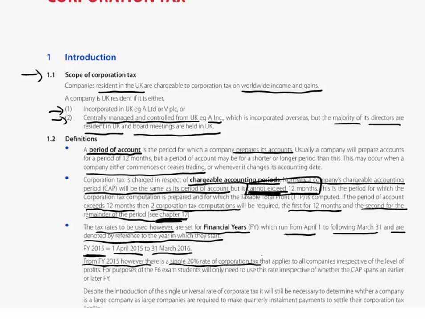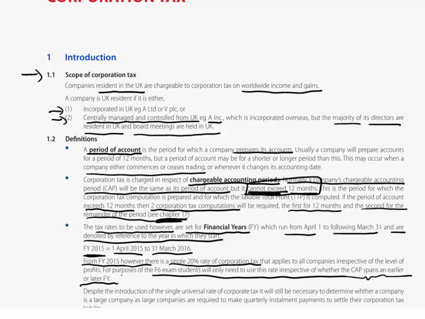Whatever the level of taxable total profit, all profits across the board are taxed at 20%. Now, this was not the case until financial year 2015, with effect from 1st of April 15. But for purposes of our F6 exam, students will only need to know this 20% rate.